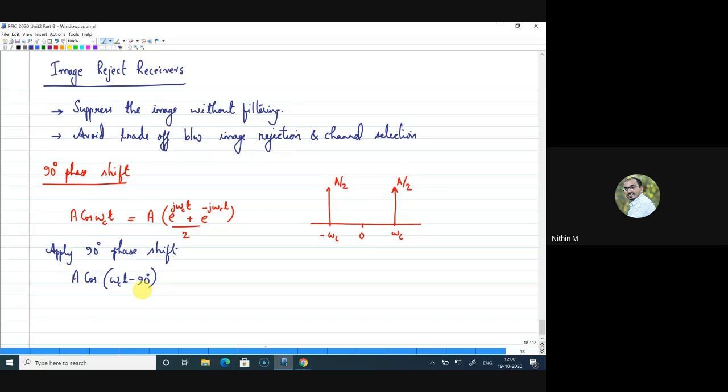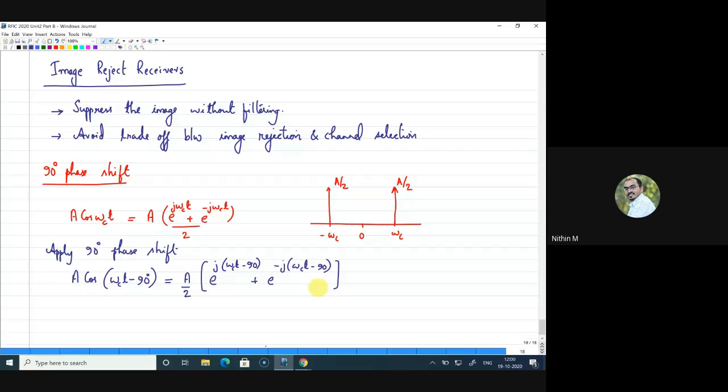So ωct minus 90, and that can be further written as, let me write it as A by 2 here, e to the power of j, this ωct should be shifted by 90, and plus e to the power of minus jωct should be shifted by 90. This is how I can write this 90-degree phase shift operation here.